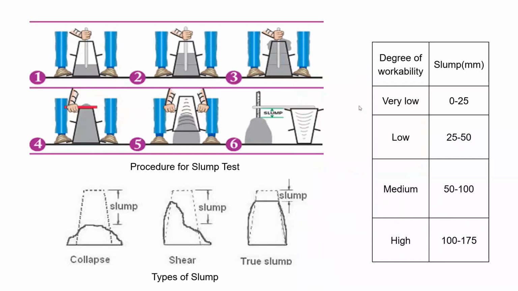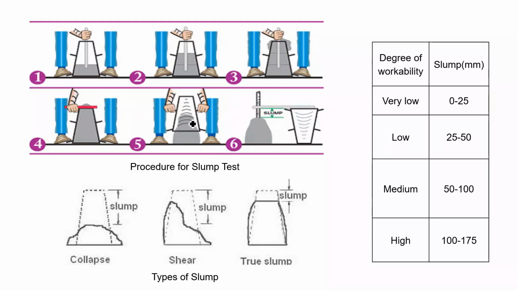So, if we talk about the procedure, the freshly mixed concrete is compacted in 3 layers in this slump cone, and each layer is compacted by this rammer or tamping rod, given a suitable number of blows to each layer. After compacting, the slump cone is lifted vertically.